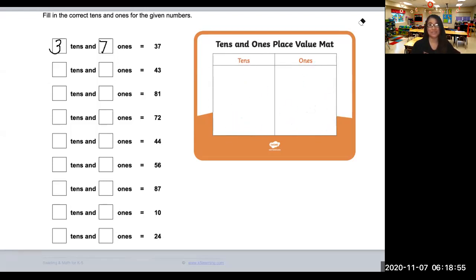Let's go on to the next now. The number 43. The number 43 has 4 groups of 10s and 3 ones.